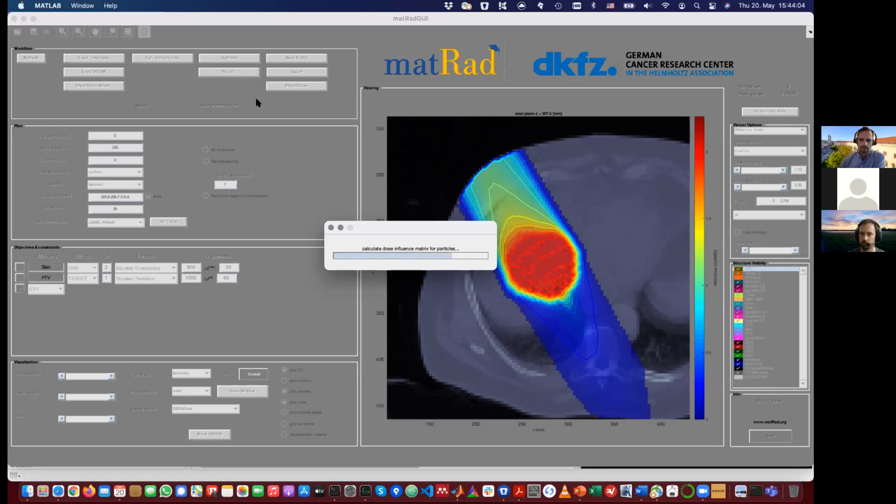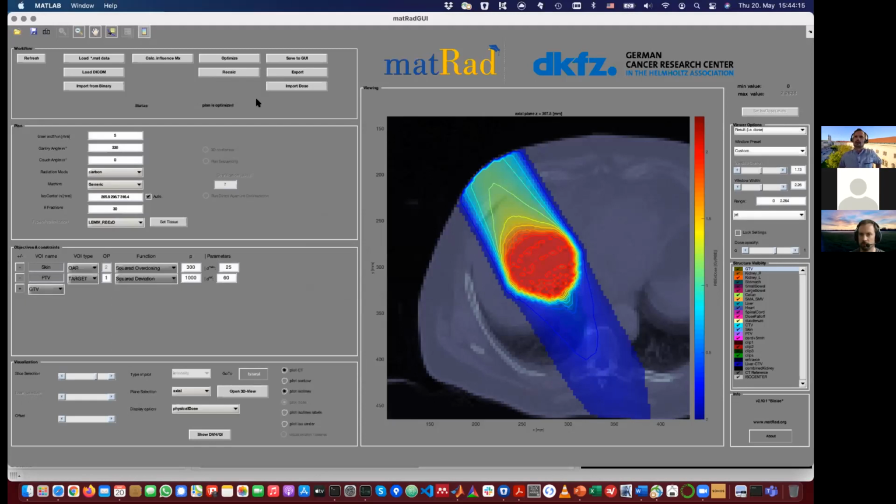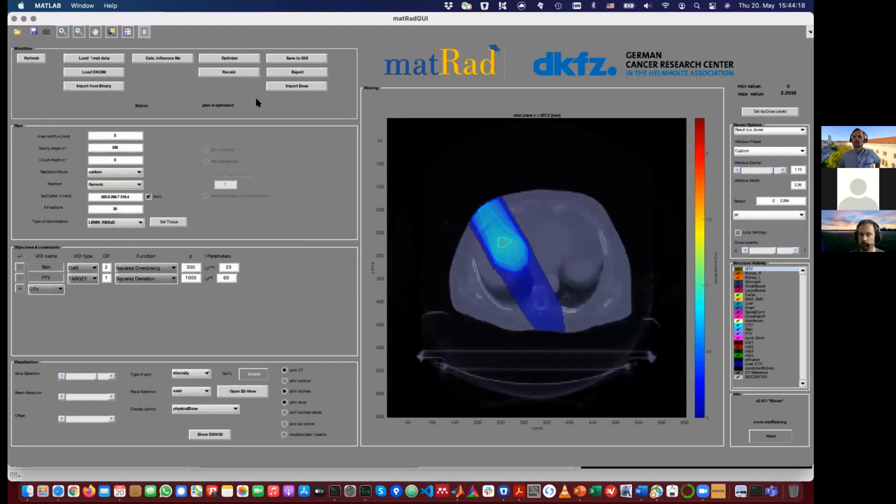And again, in the previous example, when we changed the alpha beta ratio from 2 to 10, we observed that we need a higher physical dose to achieve the same RBE weighted dose. And now we do it the other way around.